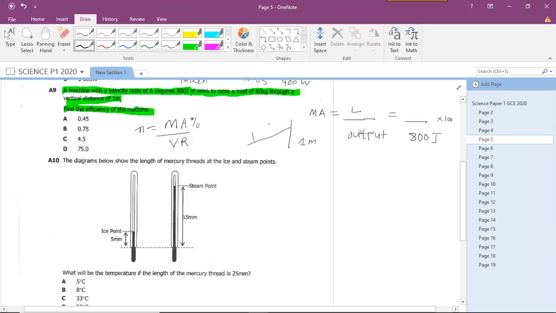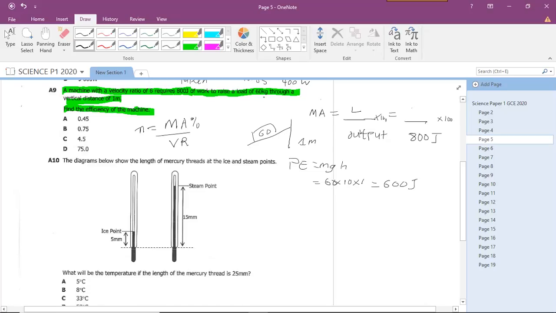Again, we have to calculate potential energy, which is mass times gravity times height. The mass is 60, times the gravity, which is 10, times the vertical height, which is 1. We get a load of 600 joules. Now that we have the same units, we plug in: mechanical advantage is load over output multiplied by 100.